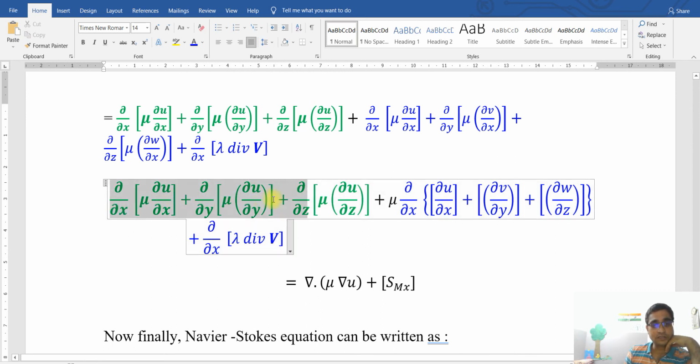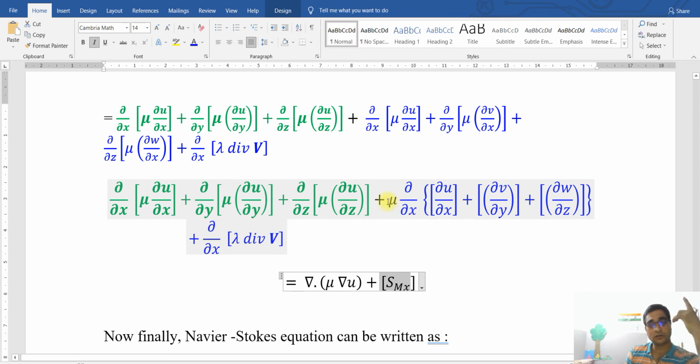Now this term can be written as del dot mu times gradient of u plus some body forces, and that body forces is also the previous one, also incorporating these blue terms.